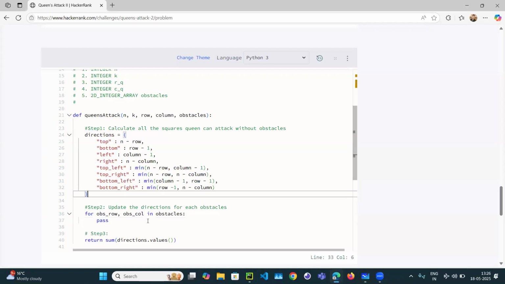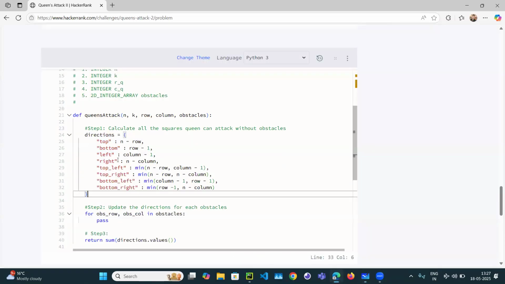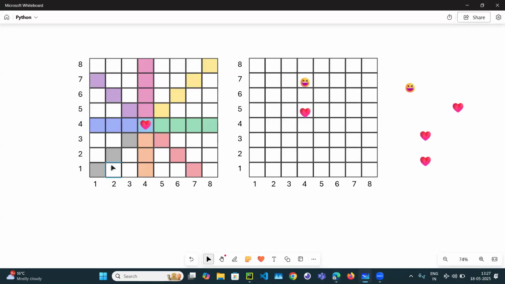Similarly, like earlier when we calculated these eight directions, there could be eight scenarios. What are those eight scenarios? The obstacle can be here, here, here, top left, top right, top bottom, basically all eight directions.